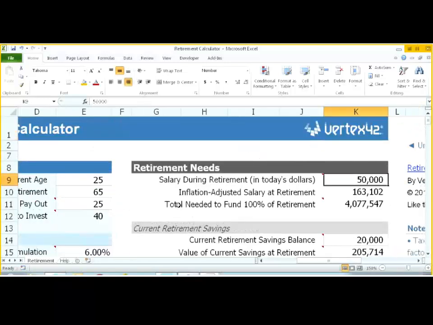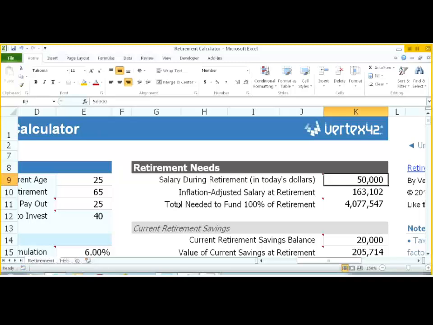Okay. Now over here is the big calculation. You have to figure out how much money you need to retire. Typically, on the safe side, if you earn the same amount in retirement as when you're working, that should be enough.